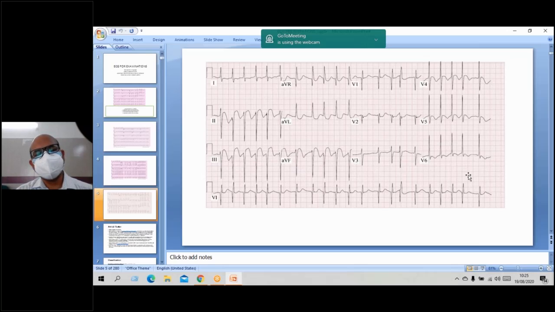Rivaroxaban is available all over the world, and it is available in Bangladesh, and it is routinely practiced in this situation, because in the current situation there are diseases running all over the world that produce intravascular coagulation and thromboembolic manifestation.